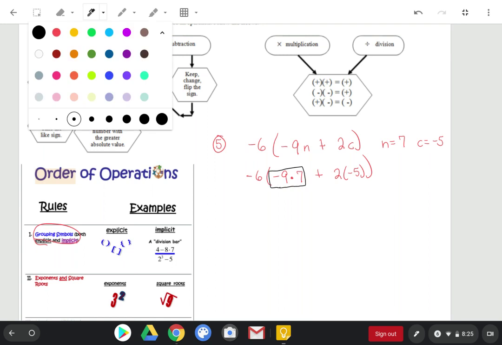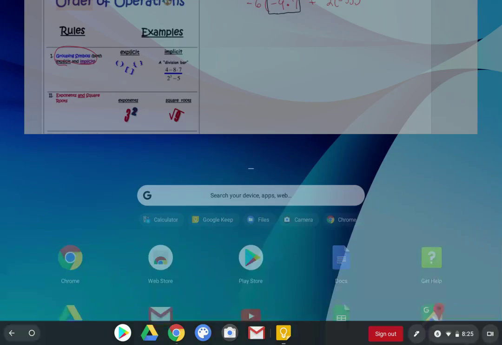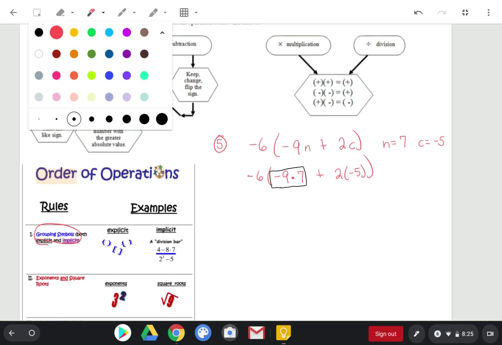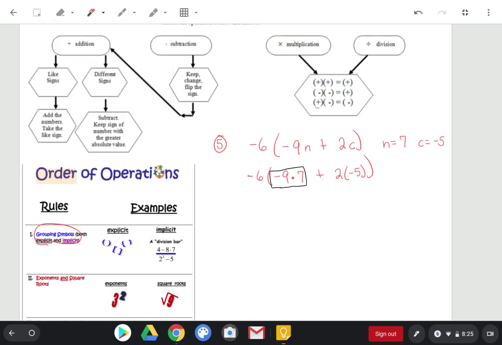Alrighty, so we have a negative times a positive, which is a negative. Okay, so I'm going to replace my box with a negative number. So that would be negative 6 times, replacing my box with a negative 63 plus 2 times negative 5.